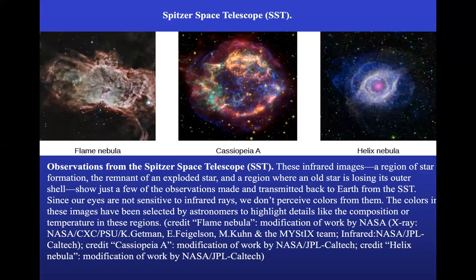Now you will not see these objects in this way using optical telescopes, and also our eyes are not sensitive to infrared rays, so we can't look at these images in this way with our naked eye or using optical telescopes, right? This can be done only using these infrared telescopes, right?